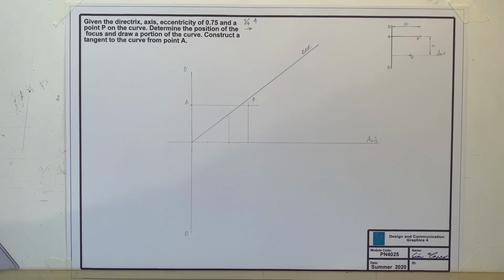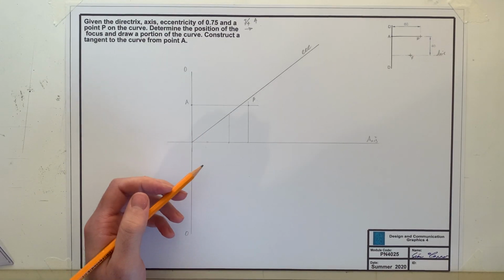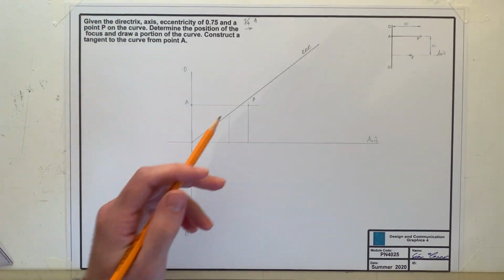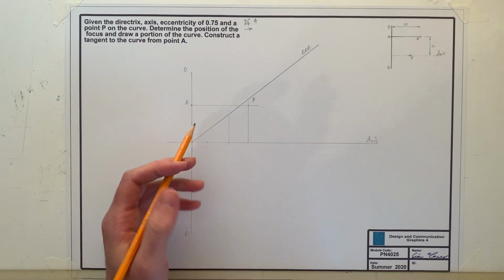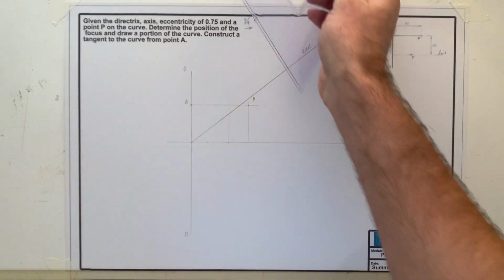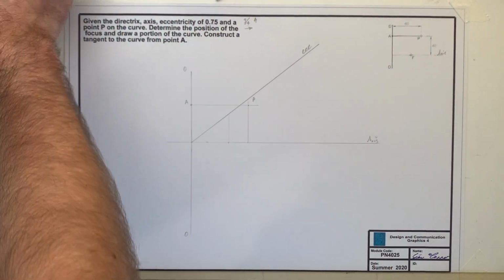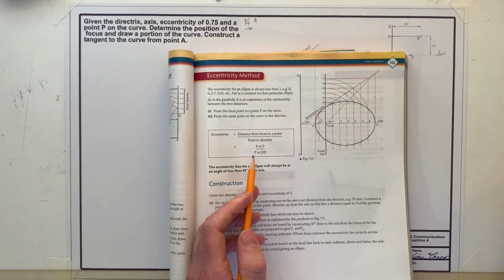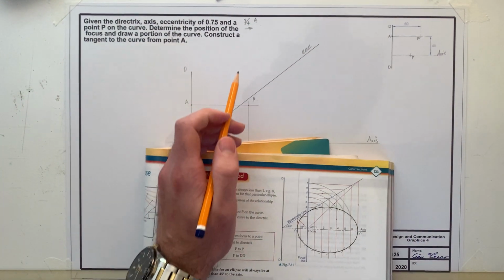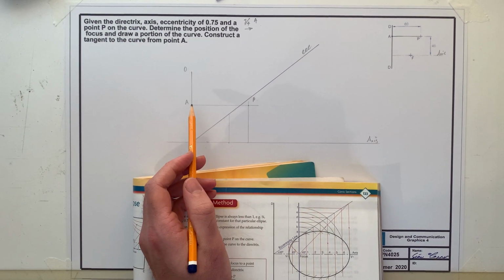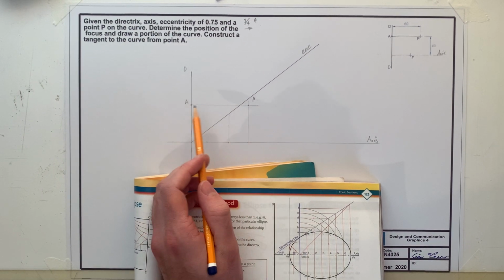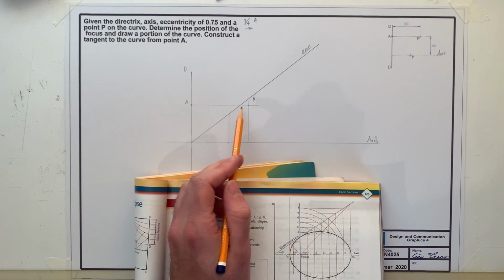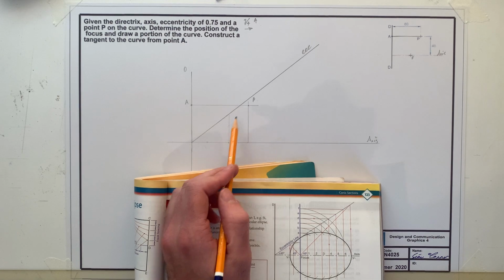Now that I have my eccentricity, all I need to do is find my vertex and my focus, which will help me construct the curve. To do that, I actually have information here that will help me, and that information is this point P. If I use my eccentricity, with this formula that we've been given, I can find out how the distance from the directrix to this point, perpendicularly, is related from the point on the curve back to the focal point.